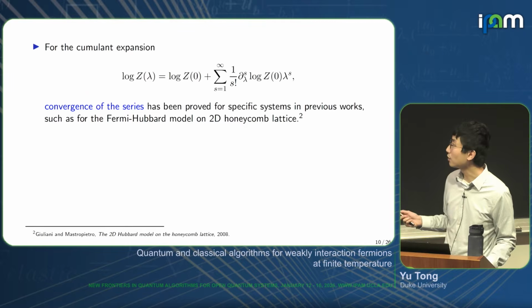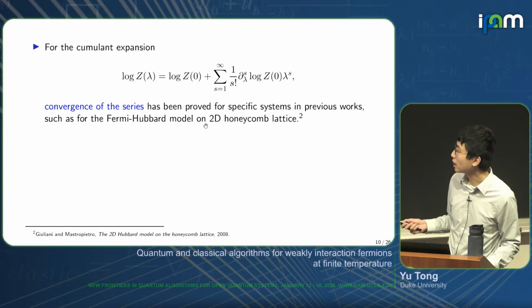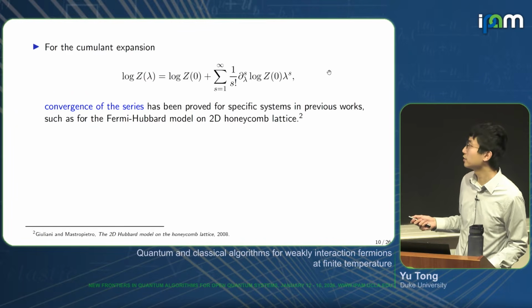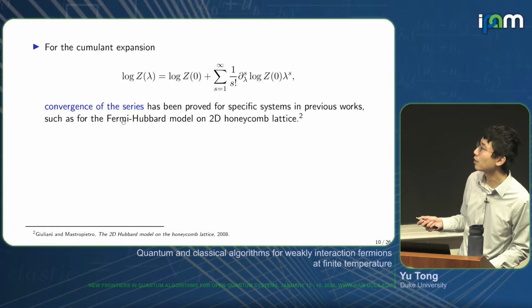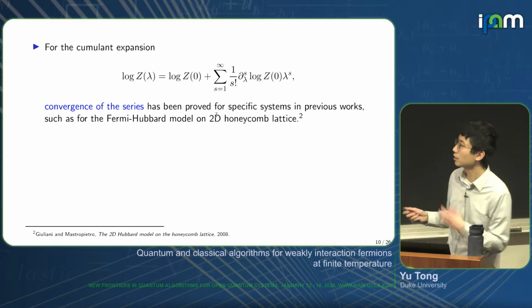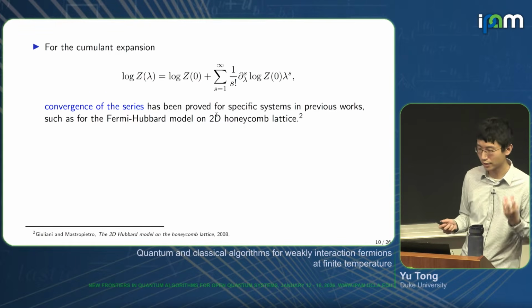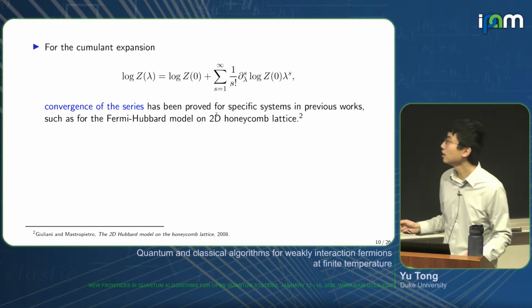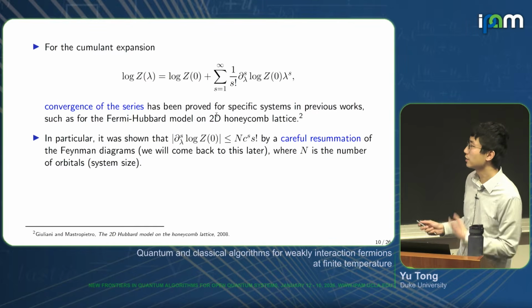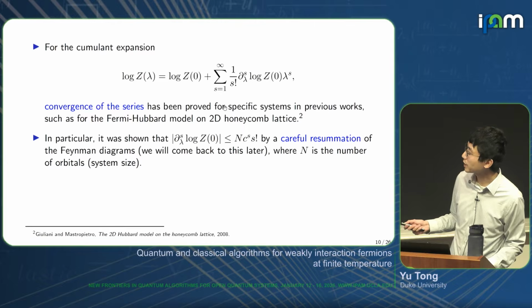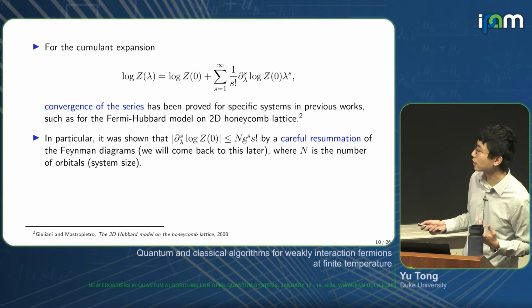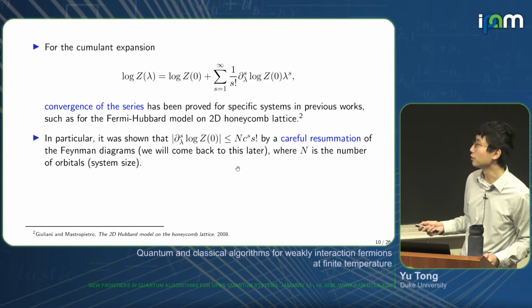There are some results from previous works on that. For example, for specific systems, such as the Fermi-Hubbard model on a 2D honeycomb lattice, people prove convergence of the series for a radius that is independent of the system size. The convergence is based on a bound of the high-order derivatives.